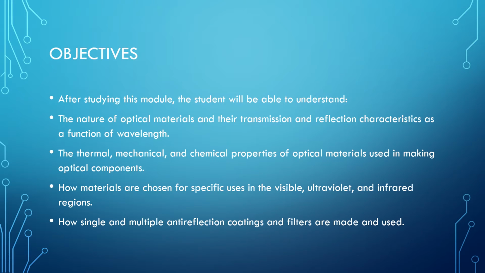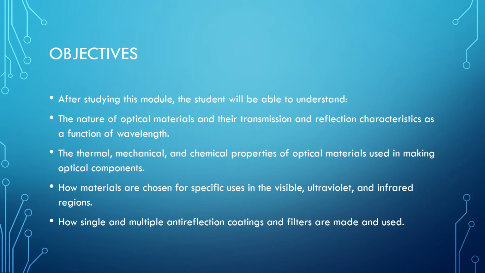Our objectives in this module: after studying it, the student will be able to understand the nature of optical materials and their transmission and reflection characteristics as a function of wavelength.